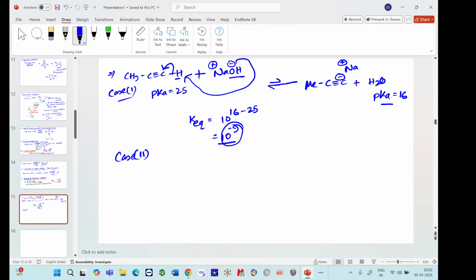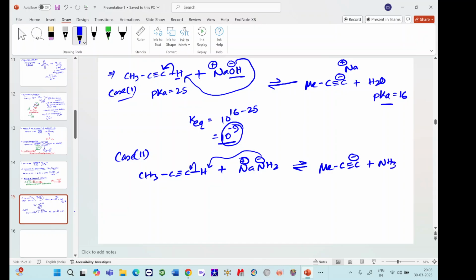Case 2, if you use some other base, in this case H3C-C≡CH plus NaNH2. In this case, what will happen? The same thing. It will abstract the proton and the negative charge will be generated, and you will have an equilibrium here. You get the anion plus NH3. Now you compare.